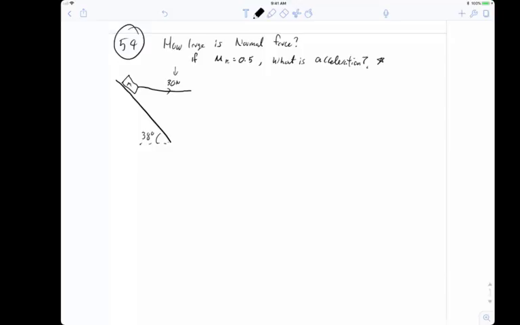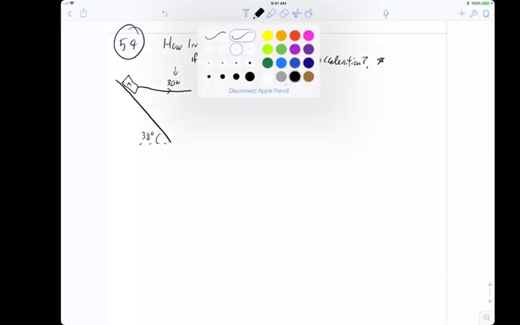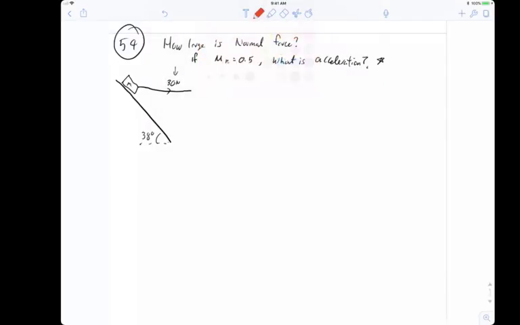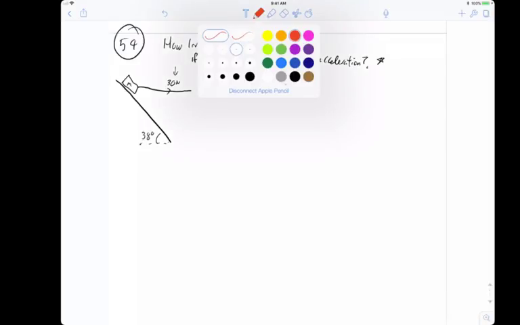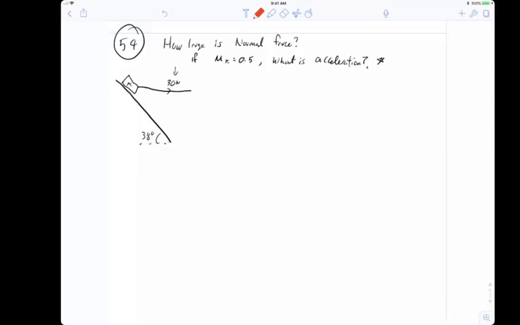Okay, so how do we do these problems? You know what? I think this is probably better for it. Okay. First I'm going to draw the x and y axes. I'm going to do it this way. It's helpful.